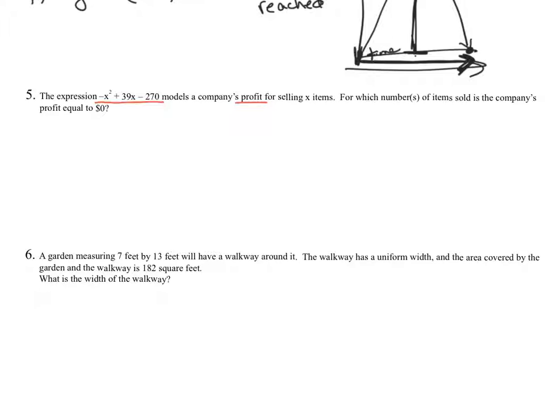So really we could actually say P equals, because the profit is equal to negative x squared plus 39x minus 270. And then it says for which numbers of items sold is the company's profit equal to 0.